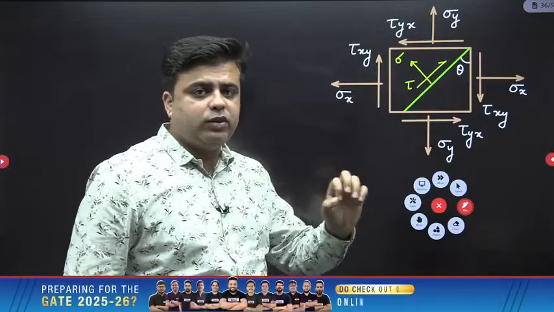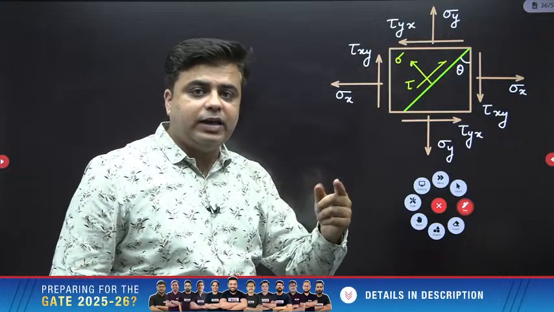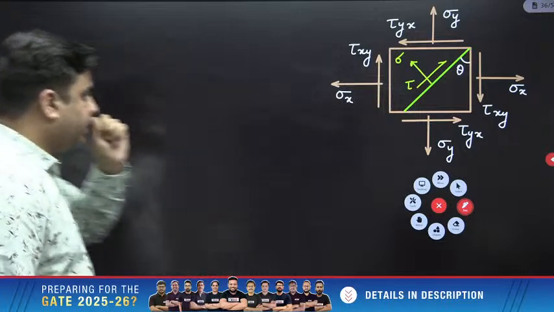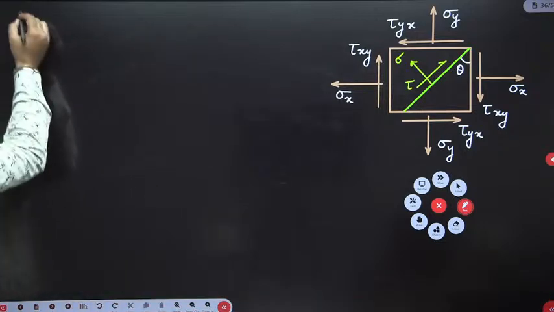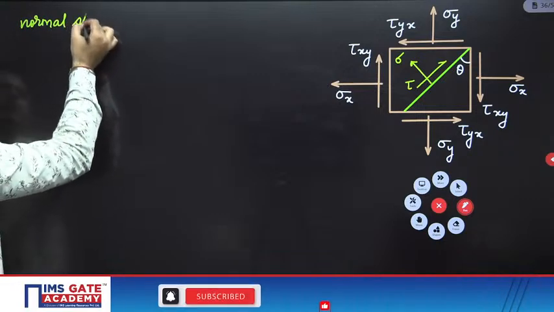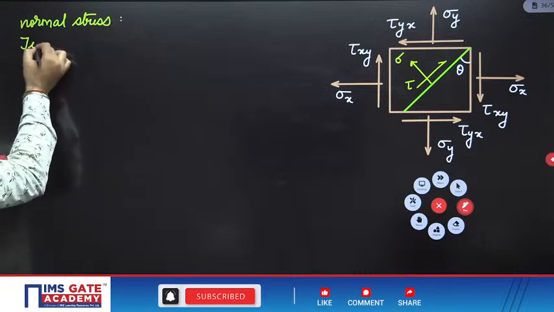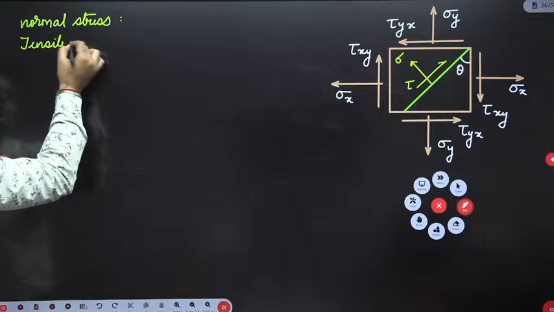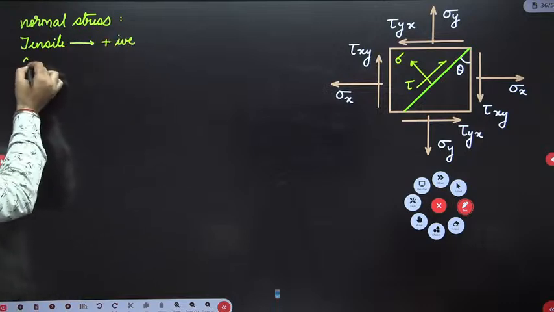Before writing down the value of this normal stress and shear stress, what sign convention I use to write these equations is, for normal stresses, tensile stresses are positive and compressive stresses are negative.